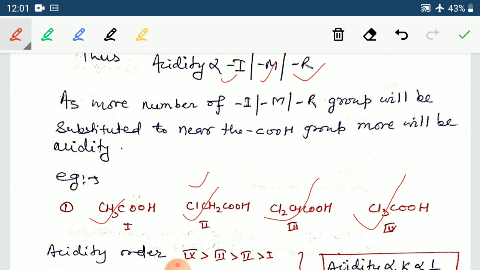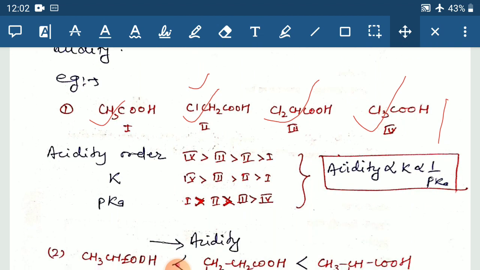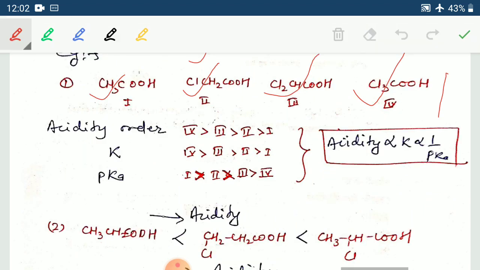So 4 will be the most acidic compound amongst them. Now let us take this sequence. Here acidity increases as: 4 will be more acidic, then 3, then 2, and 1 will be the least acidic.